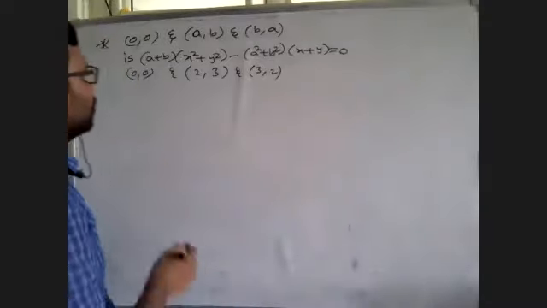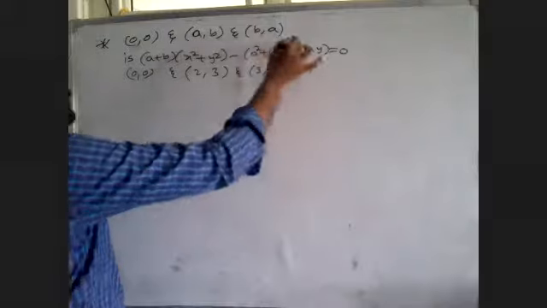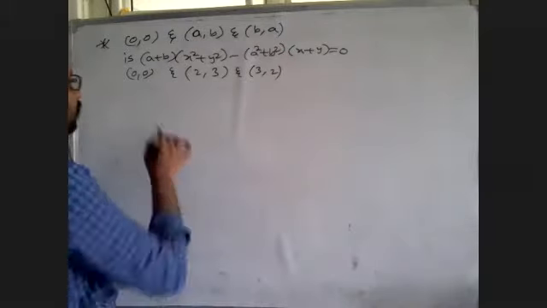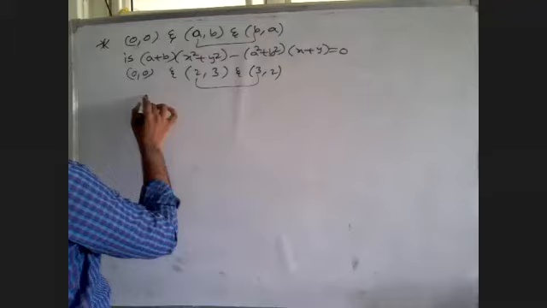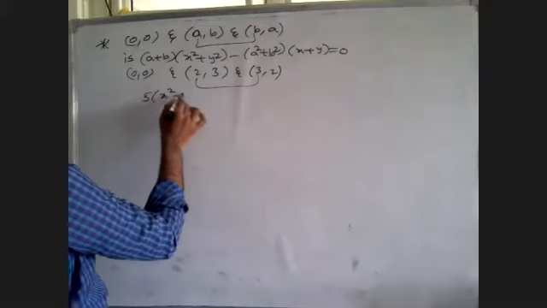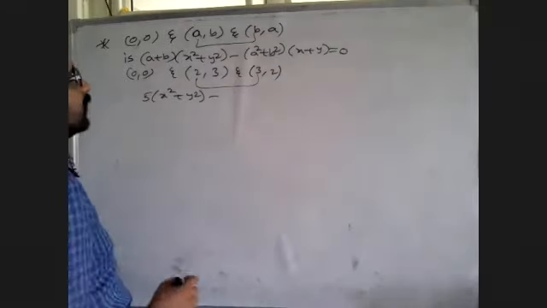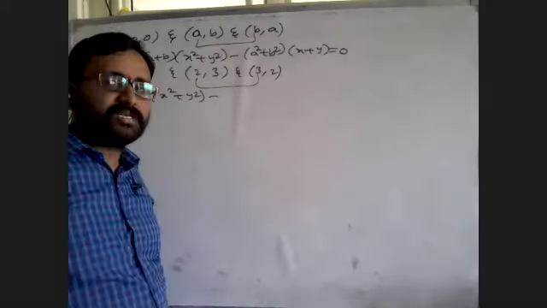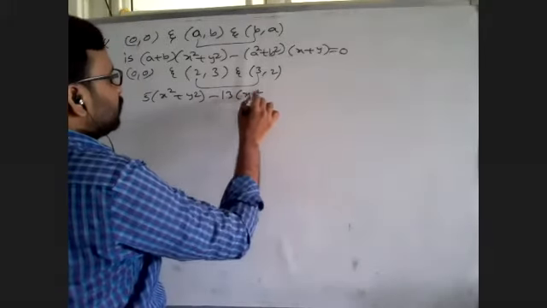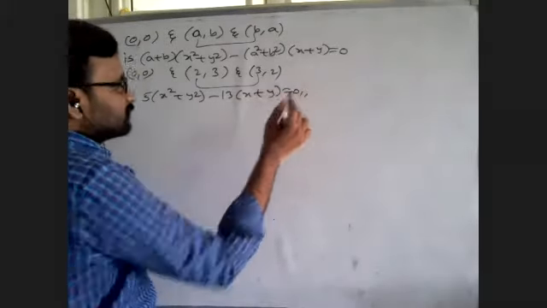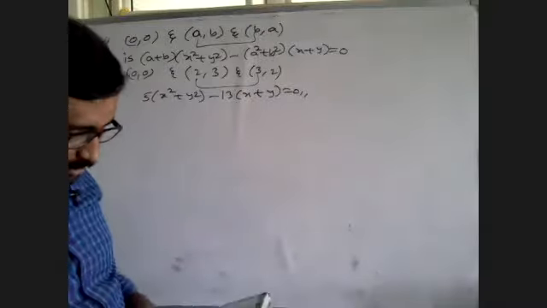But here these three points are similar to the earlier pattern. Then you can write (a + b), 2 + 3, 5, into (x² + y²), minus (a² + b²), which is 9 + 4, 13, into (x + y) equals 0. This is the answer. You just need to pick the option.